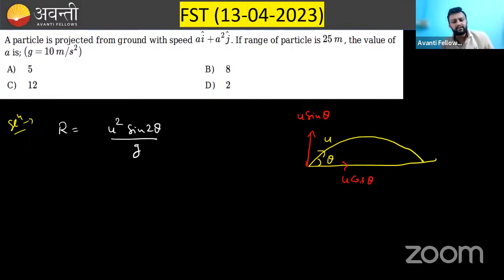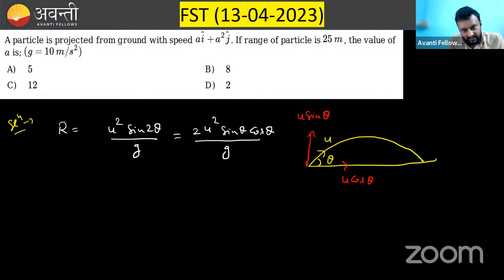You need to remember this relation. Now, if I open sine 2 theta, it will become u square into 2 sine theta cos theta over g. I have put the formula of sine 2 theta, 2 sine theta into cos theta.